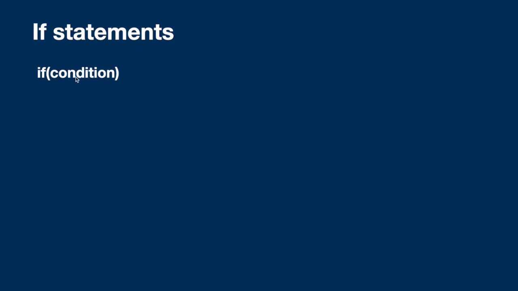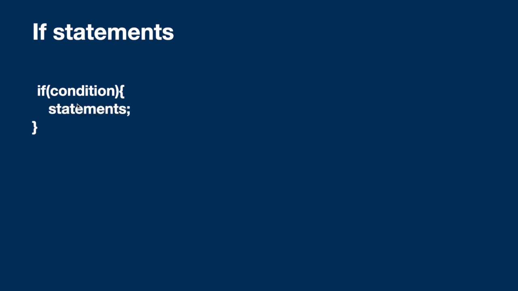Okay, so this must be used with if followed by parentheses, inside which we have an expression or condition with a Boolean outcome. Then this will be followed by curly braces, a left side and a right side. Then in between these we will do our execution of statements.